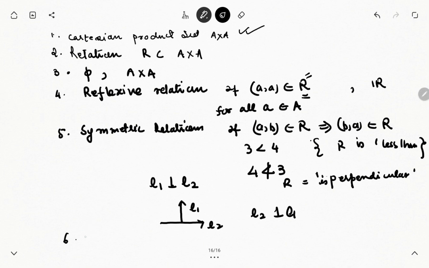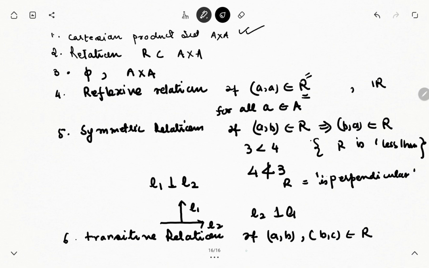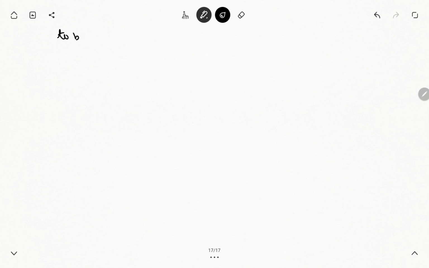Next is the transitive relation. If (a, b), (b, c) belong to R implies (a, c) belongs to R, then R is said to be transitive.